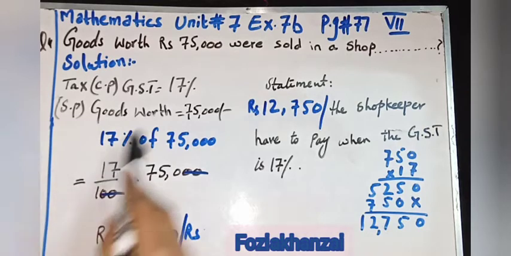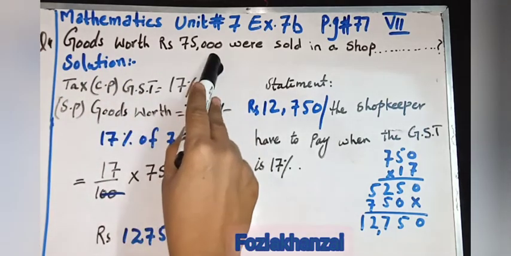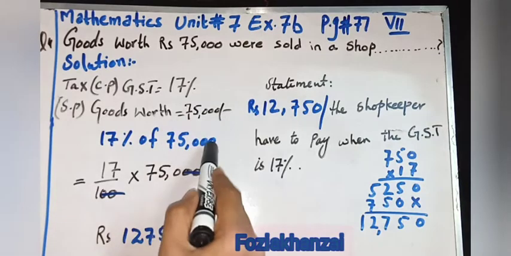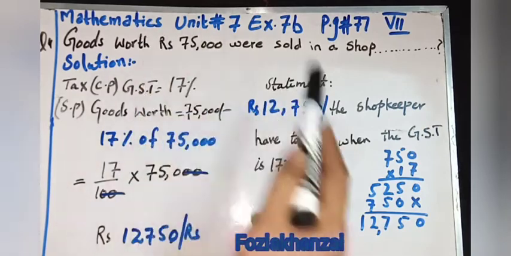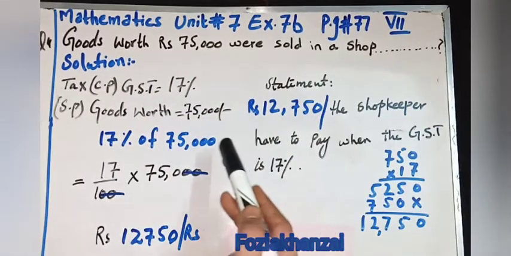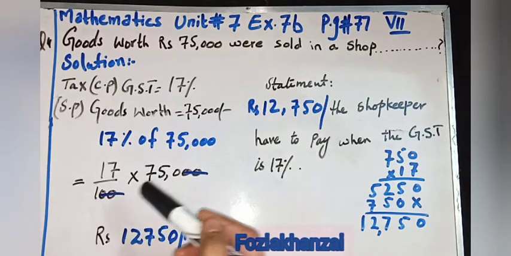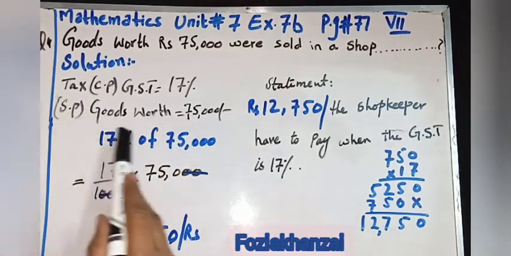According to the question, the total amount, goods worth 75,000 rupees, is given and 17% sales tax, GST tax, is given. So we first have the total amount and convert 17% into an amount. So what amount will the shopkeeper have to pay to the government as GST tax?